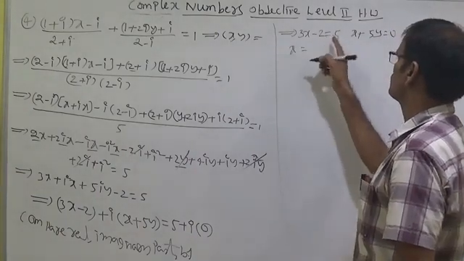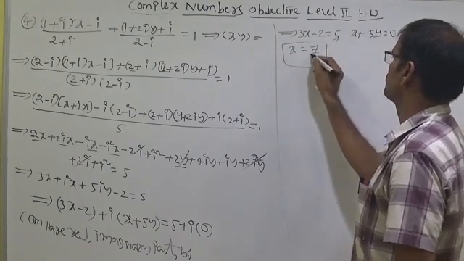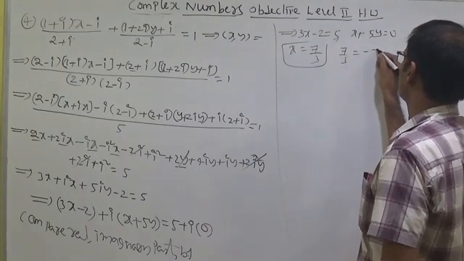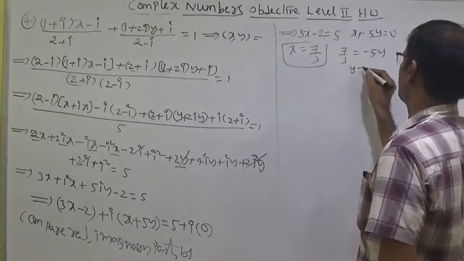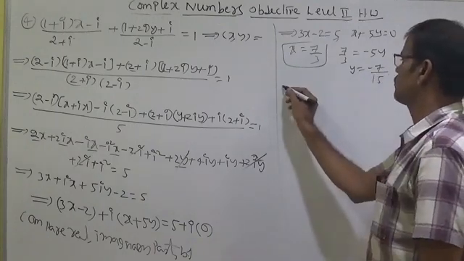Taking the minus 2 to this side, x is 7 by 3. Substitute here: 7 by 3 is equal to minus 5y. So y is equal to minus 7 by 15.